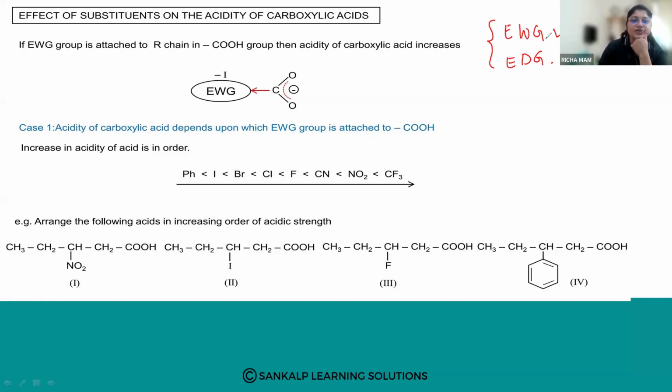So the acidity of carboxylic acid depends upon the electron withdrawing group which is attached to the carboxylic group. These are the different electron withdrawing groups in their increasing order.